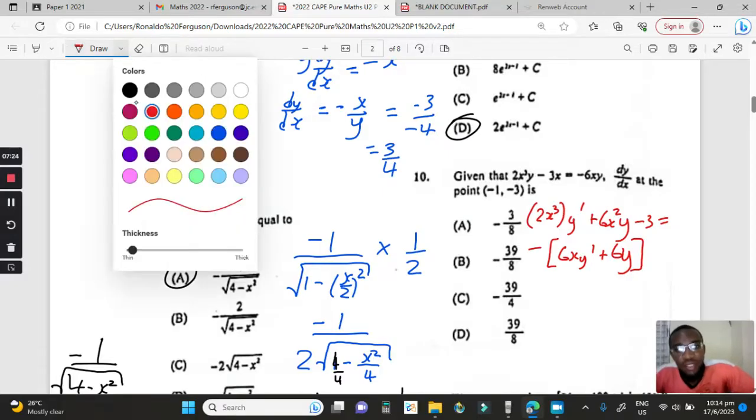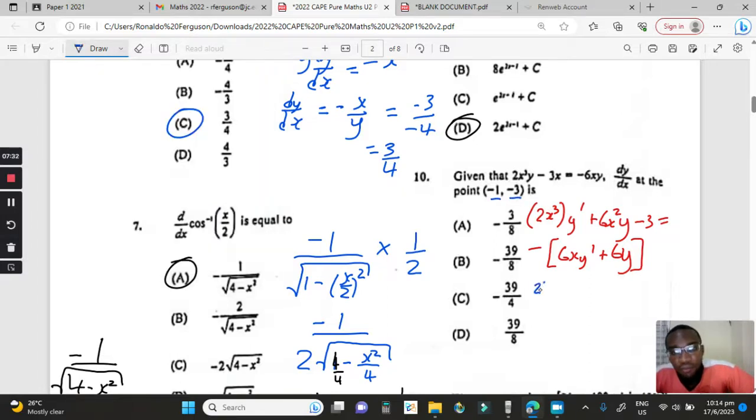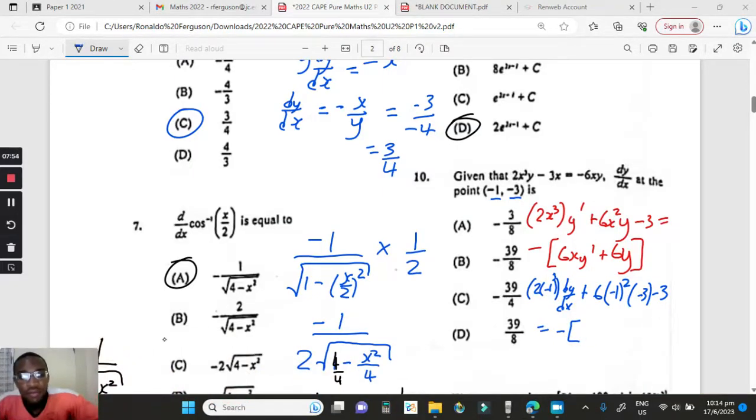Now you need to make y prime the subject, but I can't bother with all of that, so I'm just going to plug in x as negative 1 and y as minus 3. 2 times minus 1 cubed times dy dx, plus 6 times minus 1 squared times negative 3, minus 3 is equal to negative in bracket, 6 times negative 1 times dy dx plus 6 times y, and y is negative 3.